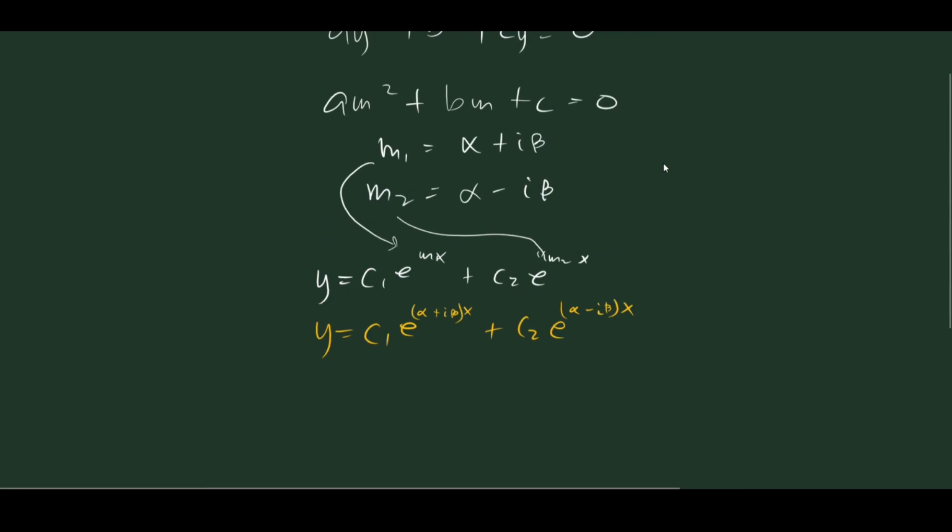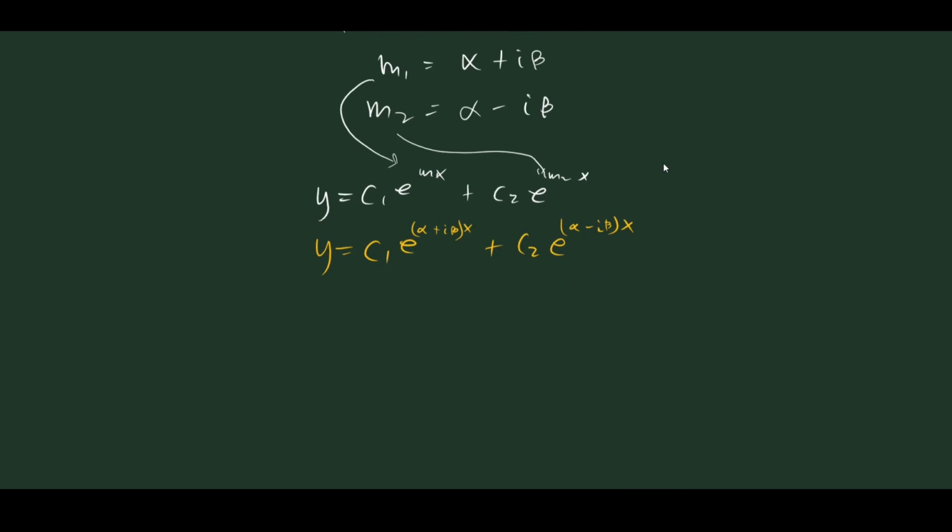This is already a general solution, but we would rather prefer that there are no complex components. This is a complex exponential, so it is preferred that we get a real function rather than a complex exponential. So we are going to use a very famous mathematical result called Euler's formula.